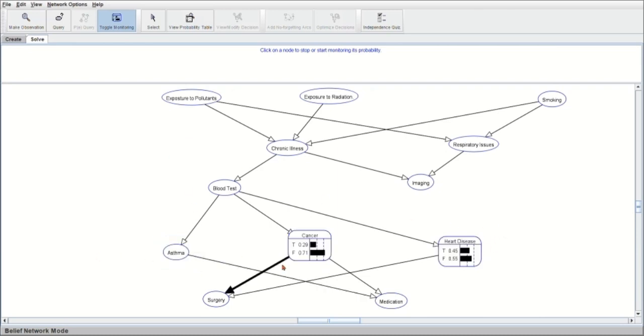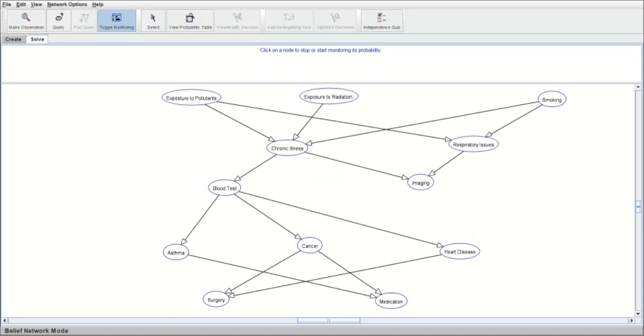Since the value lies between 0 and 1, they are all in the 0.5 range. Now, if the patient performs imaging, then he may or may not have cancer. So that's why cancer, asthma, and heart disease are independent of the imaging.